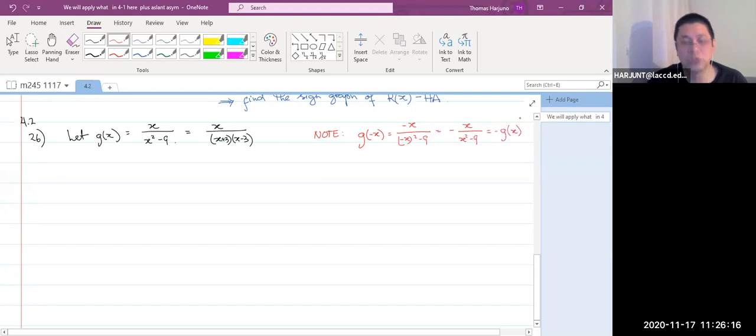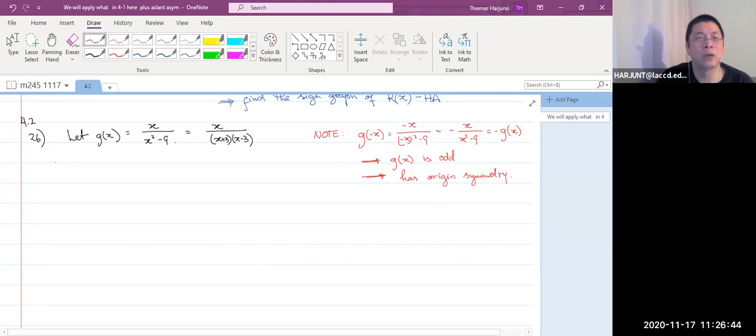Now, because g(-x) is negative g(x), then g(x) is an odd function, and the graph has origin symmetry. It would be quite helpful.